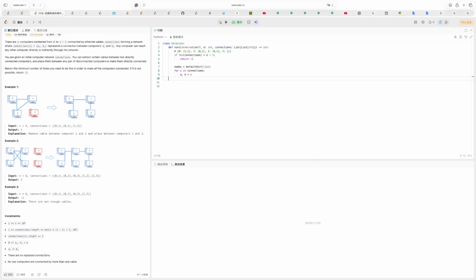And so nodes[A].append(B), and nodes[B].append(A). Okay, so we now know who is isolated.